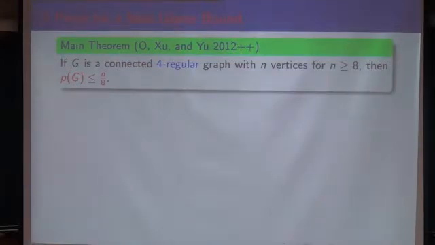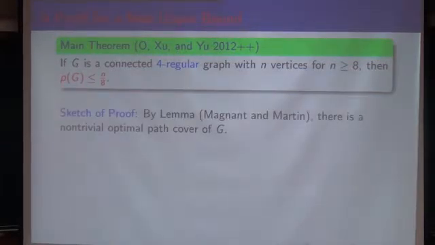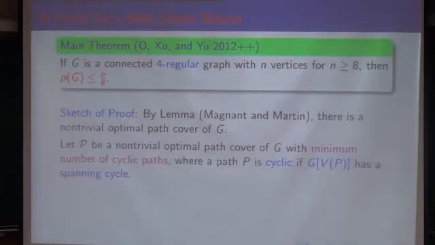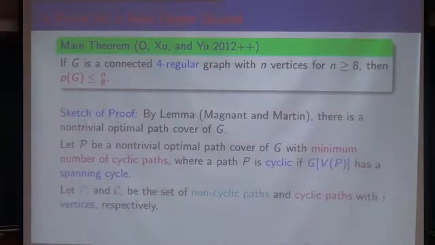To show this theorem, by the lemma of Megan and Martin, there is a non-trivial optimal path cover, okay? And I want to choose such a cover with a minimum number of cyclic paths. Cyclic path means the induced subgraph by the vertex set of the path has a spanning cycle, I mean a Hamiltonian cycle. Okay? And we denote the set of non-cyclic paths and the cyclic paths with i vertices by capital P sub i and capital C sub i.